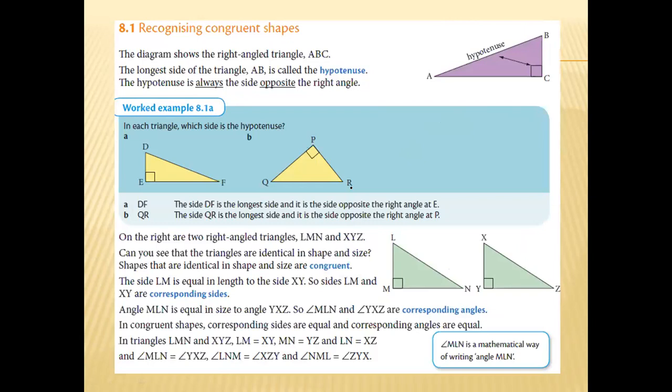Recognizing congruent shapes. The diagram shows the right angle triangle ABC. As you see, it's a right angle triangle. What does right angle triangle mean? In a right triangle, at least one angle of the triangle must be equal to 90 degrees.